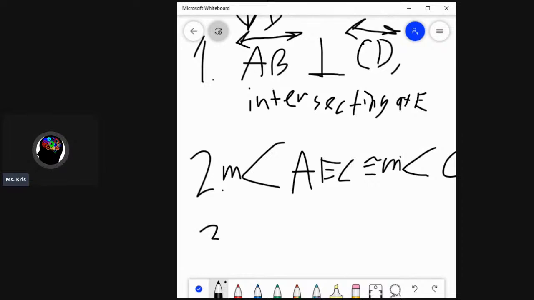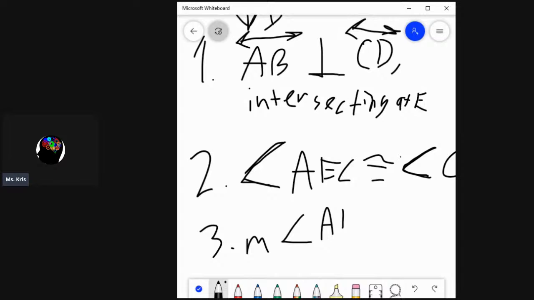Well, correction, I mixed up my lines. I do apologize. Number 3, by definition, if my angles are congruent to each other, that means the measurements of those angles are equal to each other.